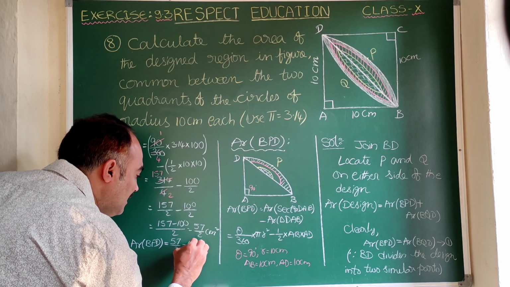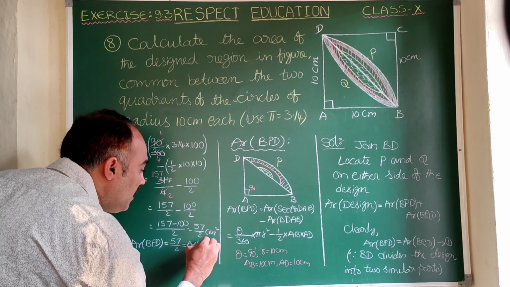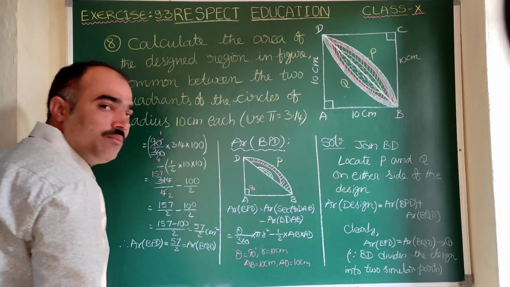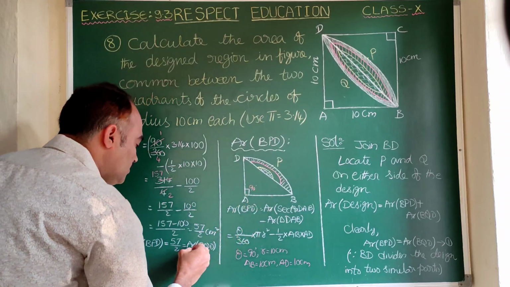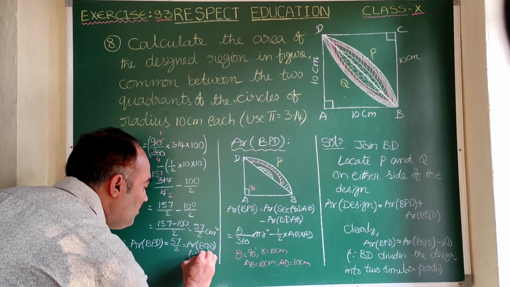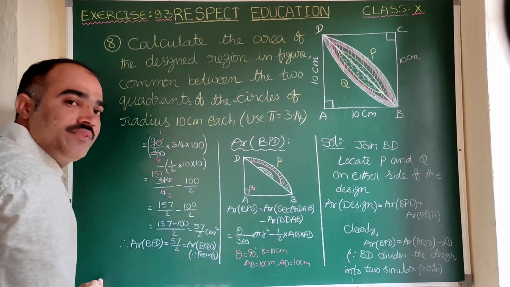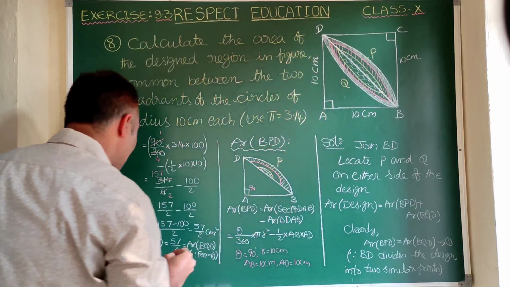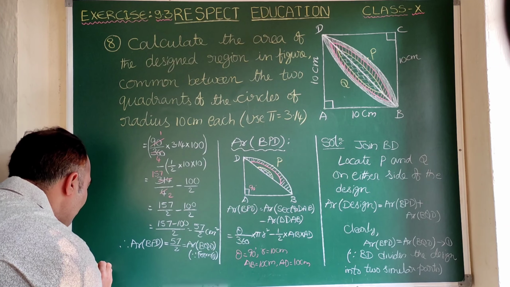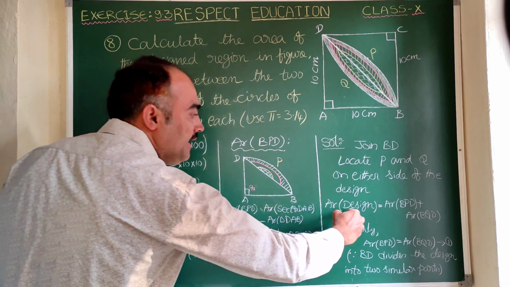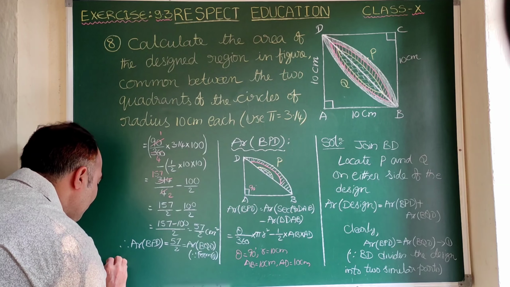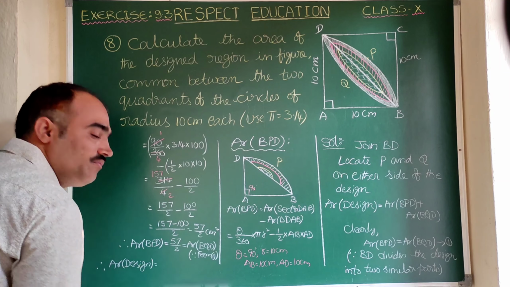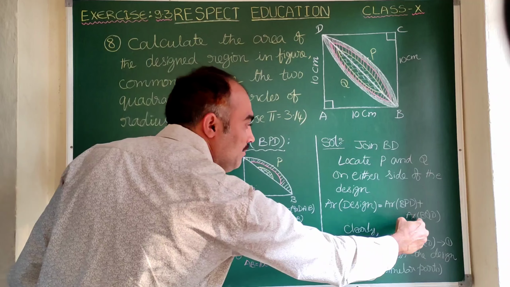This is nothing but the area of BQD also, since from equation 1 we came to know that both of them have the same area. Now as we need the area of the required design, therefore the area of the required design is equal to the area of BPD plus the area of BQD.